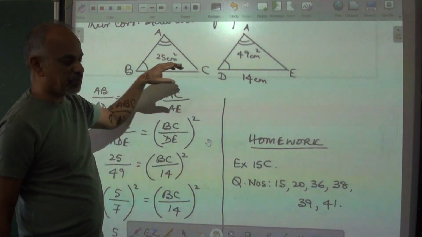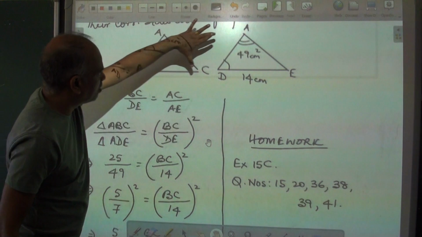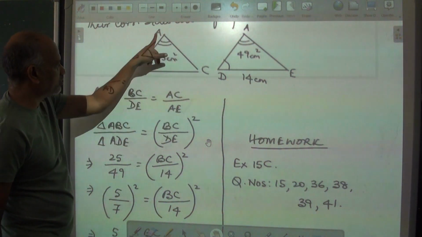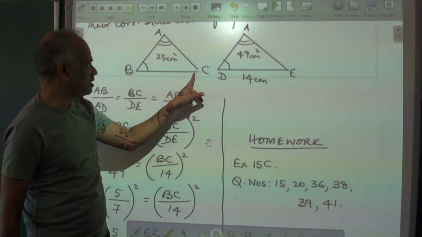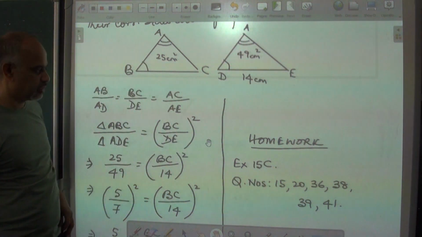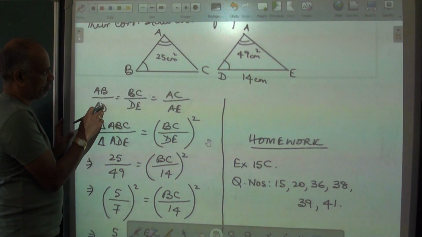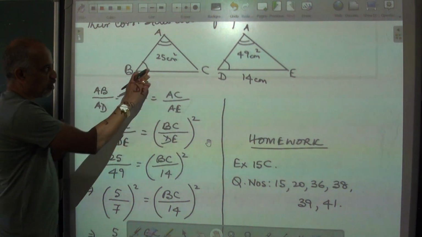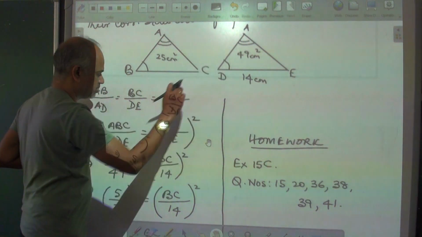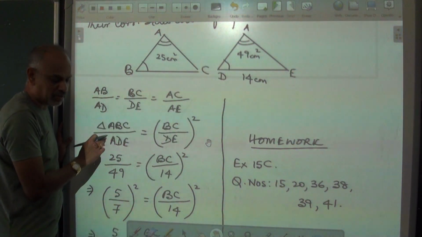So corresponding sides proportionalities: AB by AD is equal to AC by AE is equal to BC by DE. So you have to use one of them, whichever is known. Because you know the area of both these triangles, let's write down ratio between area.